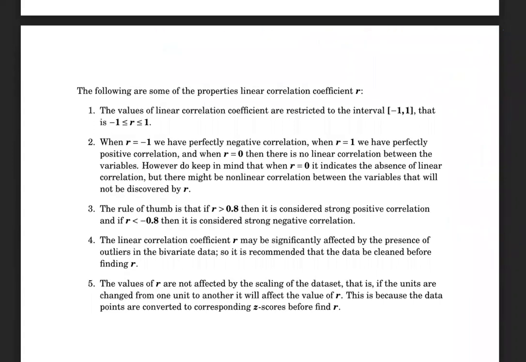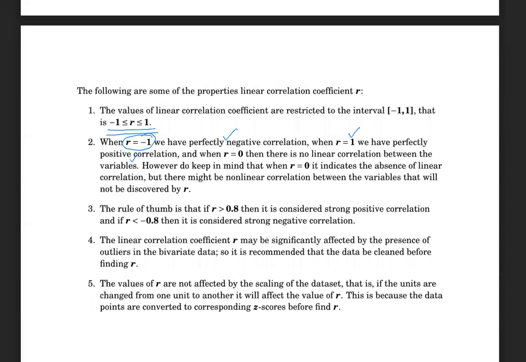Next, the Pearson linear correlation coefficient values range between -1 and +1. That means it's going to be as low as -1 or as high as +1. Next, a Pearson linear correlation coefficient of -1 means it's perfectly negative correlation, whereas if R is 1, it's perfectly positive correlation.